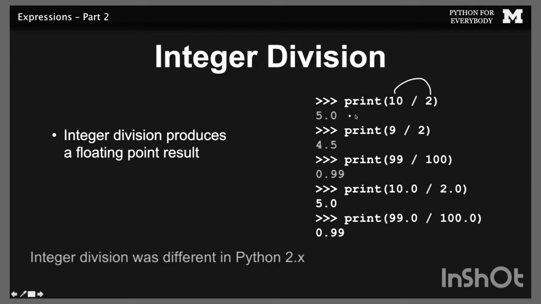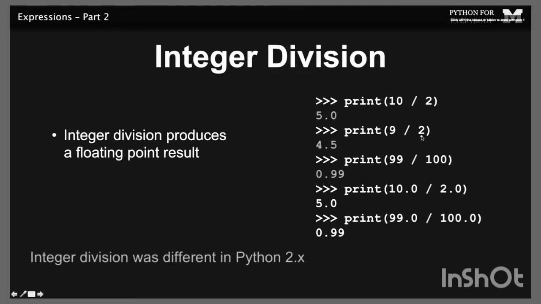This doesn't make much difference if these are evenly divisible, but if they're not evenly divisible, it makes a big difference. So 9 over 2 is 4.5. Think about if you put 9 divided by 2 in a calculator, you wouldn't expect it to say 4. And in Python 2, it said 4. It actually truncated. It threw this bit away. But in Python 3, it just automatically converts divisions to floating point, and so it works out quite nice.